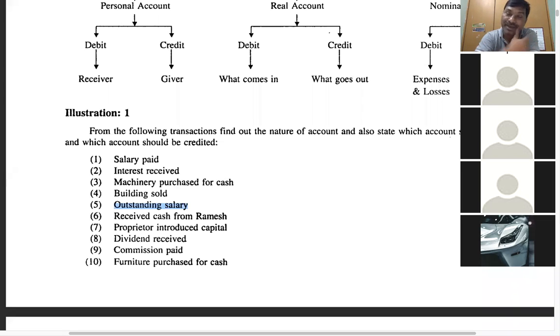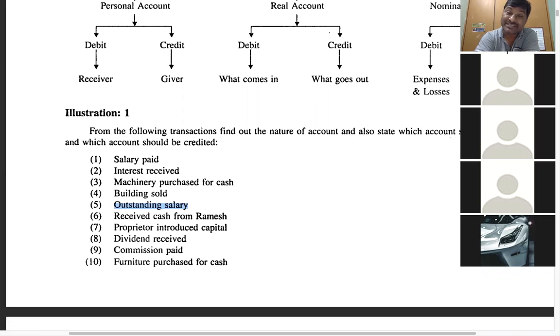If it is a person, then it relates to a personal account, right? When it is a personal account, what is the rule? Debit the receiver, credit the giver. The account which is giving benefit is to be credited, and the account which is taking benefit is to be debited.